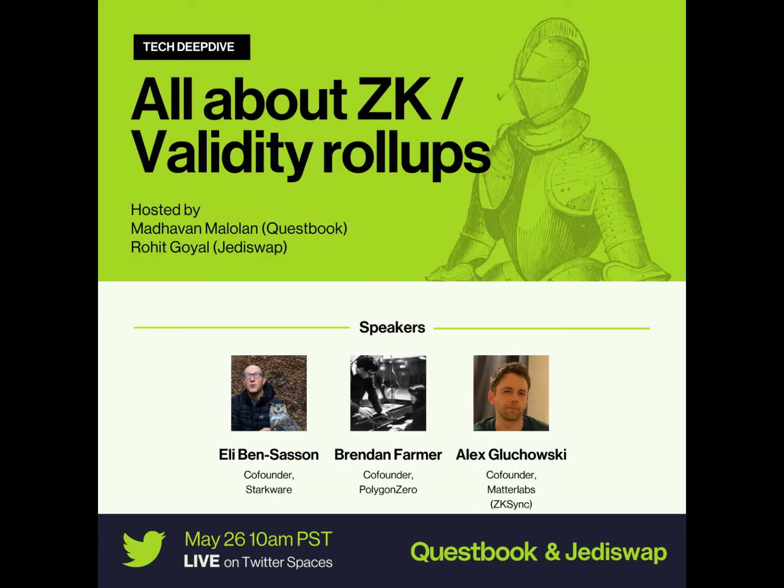In a validity rollup, you're putting your trust in math, because the way a validity rollup works is that every time there's an update to the state of the system, the integrity of this update is supported with a proof. And the proof proves integrity. And mathematically speaking and cryptographically speaking, it is impossible to generate a proof for anything that was not the right computation. So that's basically what a validity rollup gives you.